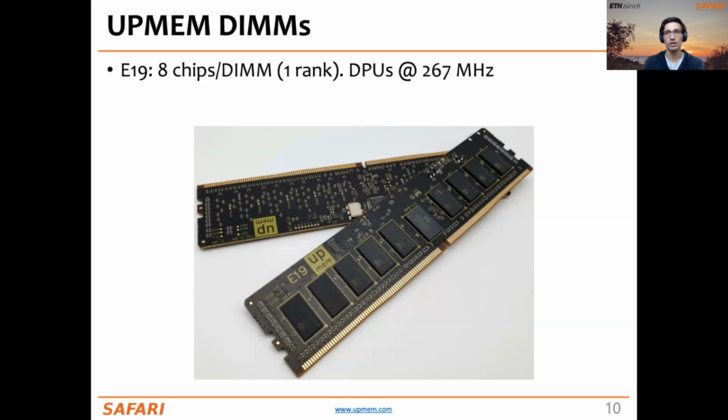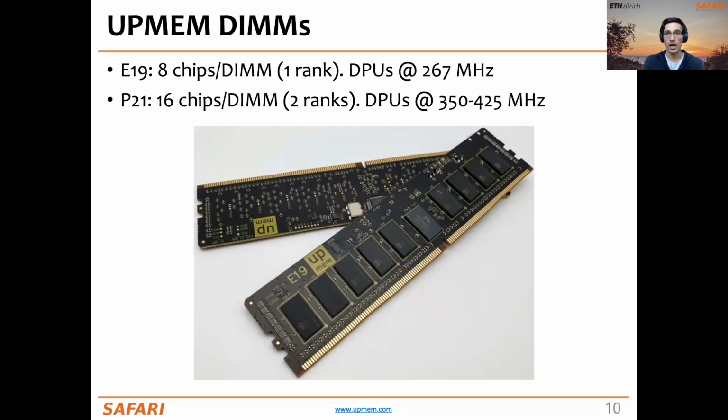In the very first generation that we were aware of, the UPMEM DIMMs contain 8 chips or 1 rank, and the DPUs run at 267 megahertz. A later generation already includes 2 ranks, 16 chips per DIMM, and the DPUs are able to run at 350 or 425 megahertz.